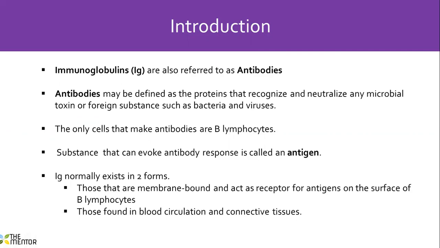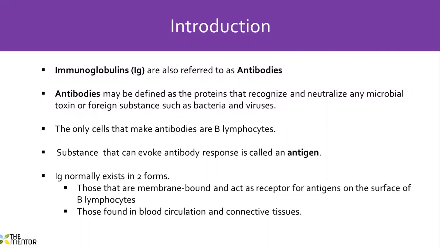Not every foreign substance can evoke an immune response or can evoke antibodies to start doing their function. The substances that actually evoke some activity from an antibody are called antigens. And we will look deeply into what antigens are.